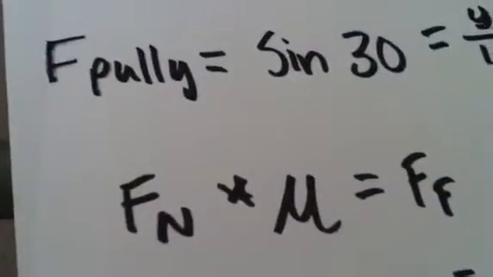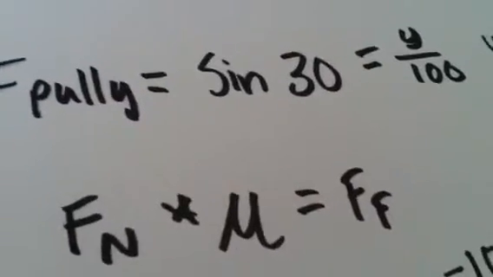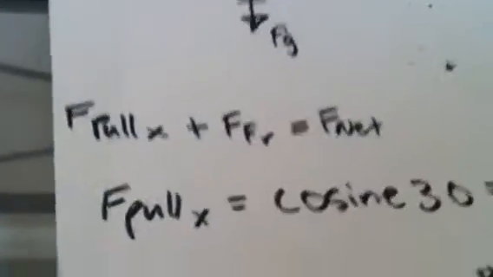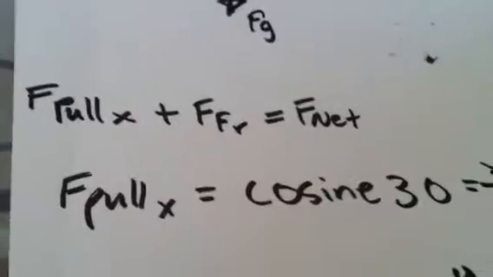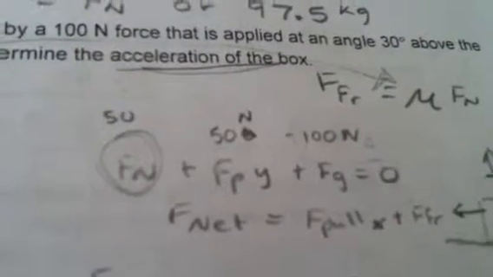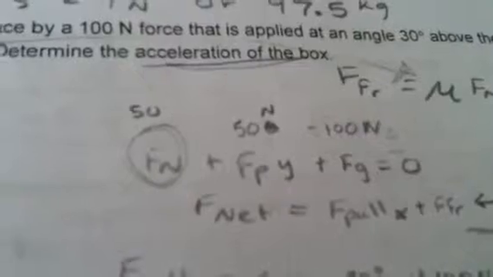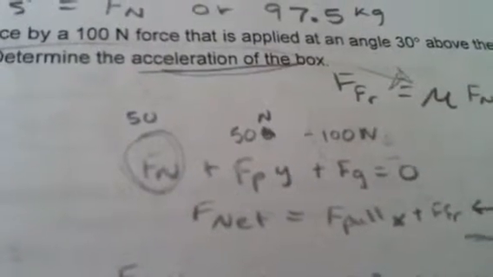So we need to find friction now. I showed you the equation before: force normal times the coefficient of friction equals friction. We know that the other equation is force normal plus force pull y plus force gravity is equal to 0. So we need to figure out what force normal is.